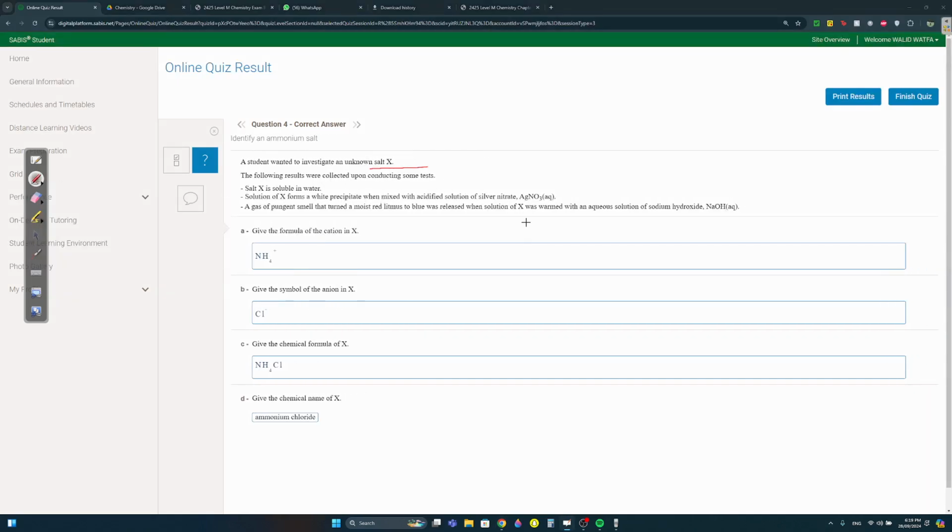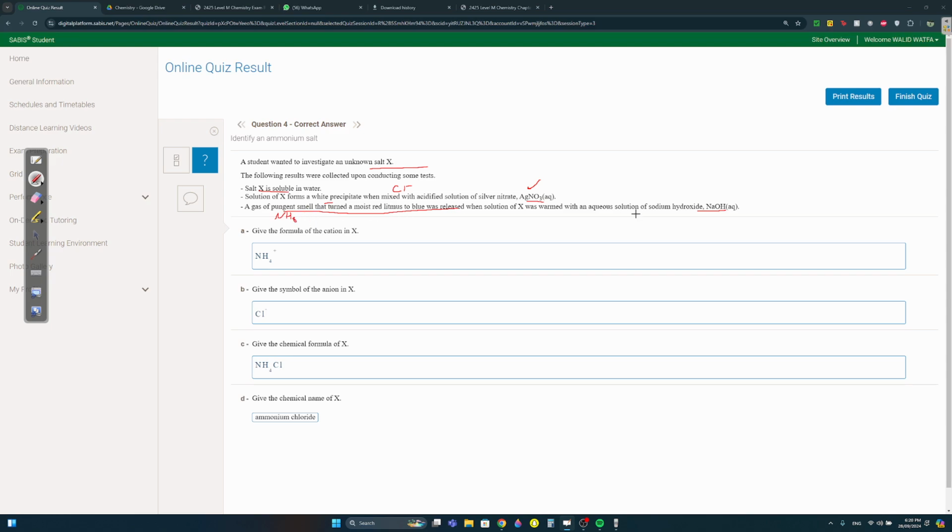Okay, we want to find the unknown salt X. Salt X is soluble in water. A solution of X forms a white precipitate when you add AgNO3. We know when you add AgNO3 you get a white precipitate. This is from chapter 2. That means it's Cl-, right? Then they said a gas of pungent smell is formed when you add NaOH. Whenever you see pungent smell, you have to know it's ammonia.